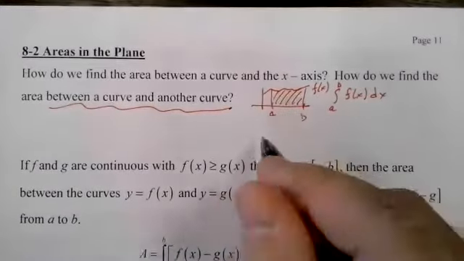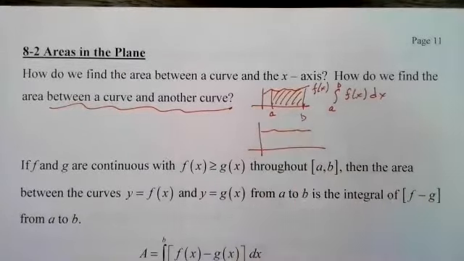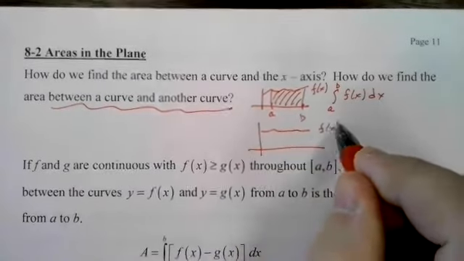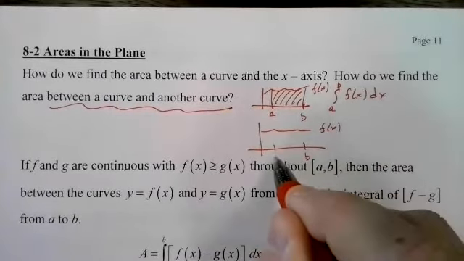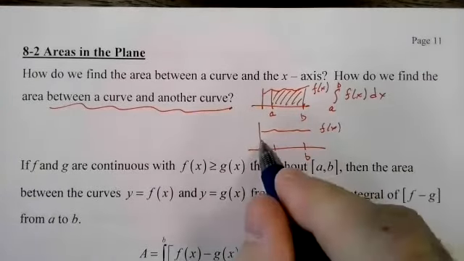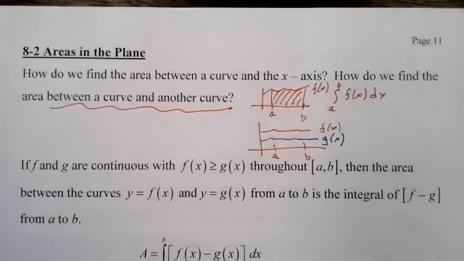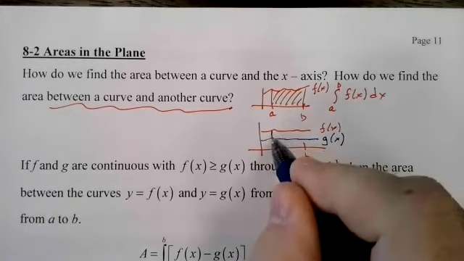Well, now if we had the same situation, f of x, and now we have a g of x, and technically we really should say f of x is always greater than or equal to g of x.